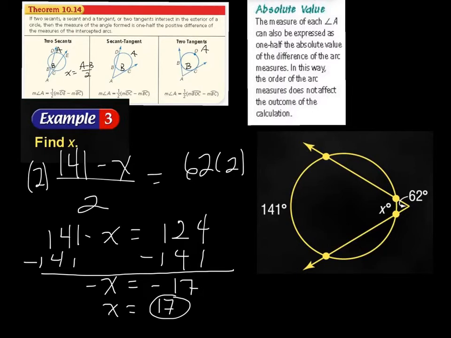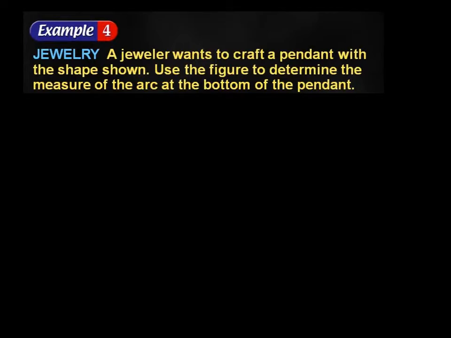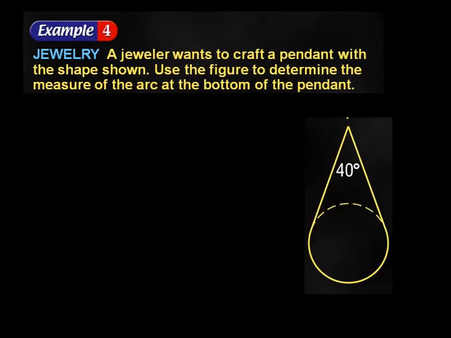That one didn't need a degree symbol because the degree symbol is already labeled on the x. A jeweler wants to craft a pendant with the shape shown. Use the figure to determine the measure of the arc at the bottom of the pendant. If we let the value we're looking for be x, then all the way around the circle is 360, so the other arc is going to be 360 minus x.